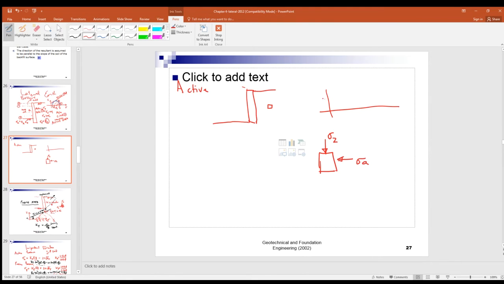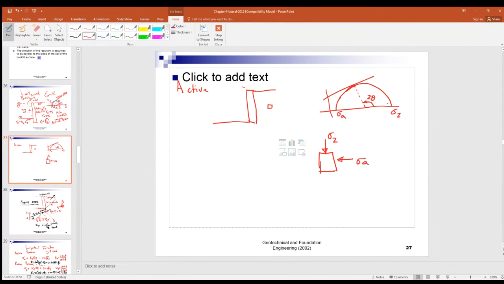Now, here you got the envelope, that is the sigma A, and that sigma is that, right? Now, that is the 2 theta, right? Mohr circle, 2 theta.